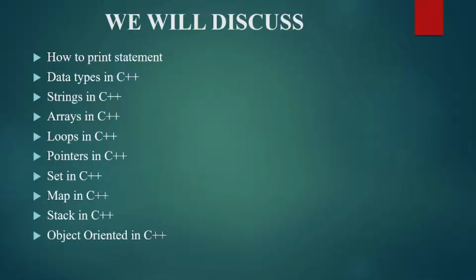In object-oriented programming we will use all these things like loops, arrays, sets, maps, and when you go to practical life and work in companies, you will use object-oriented programming there. So you can think that loops, arrays, pointers and strings are the basic concepts for that.